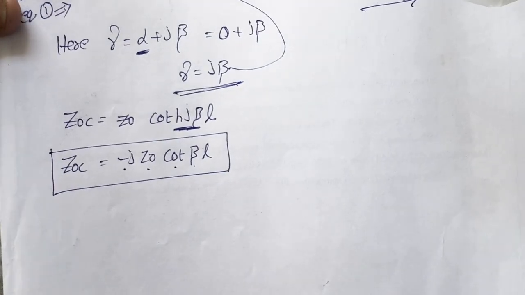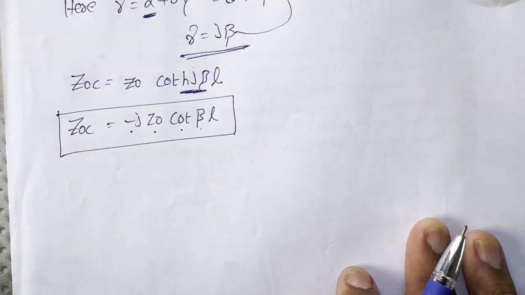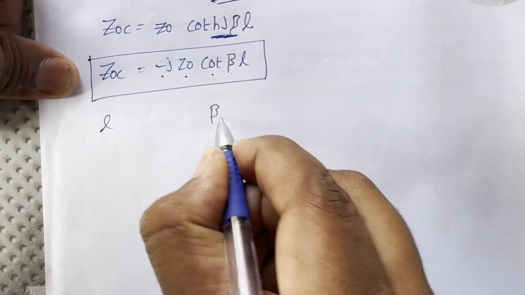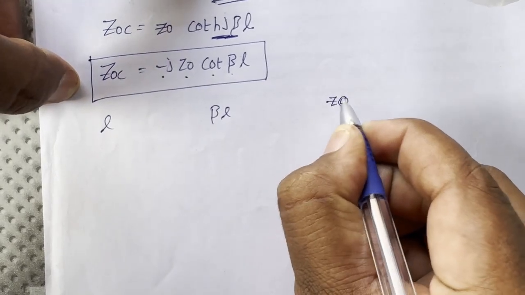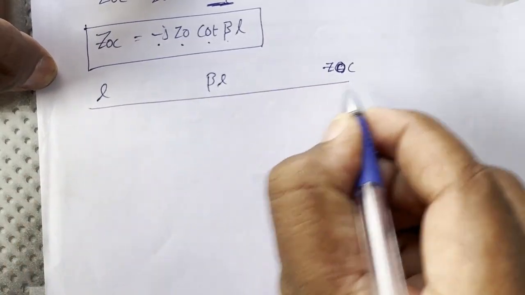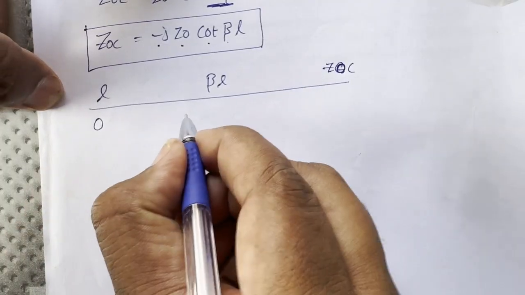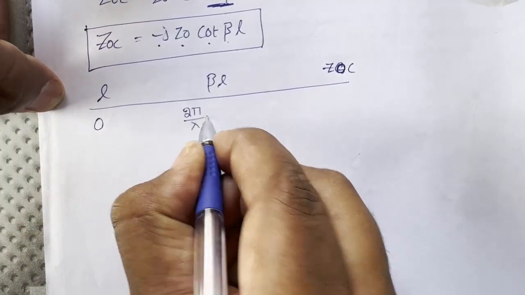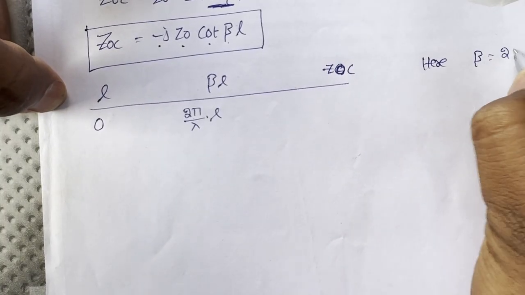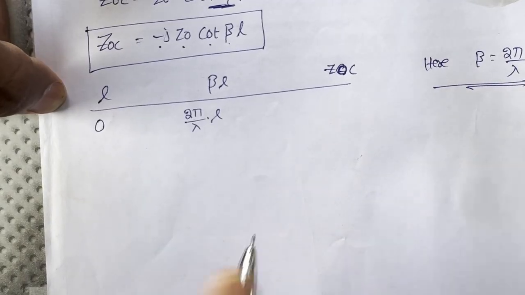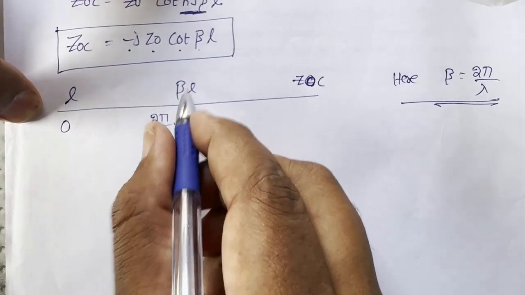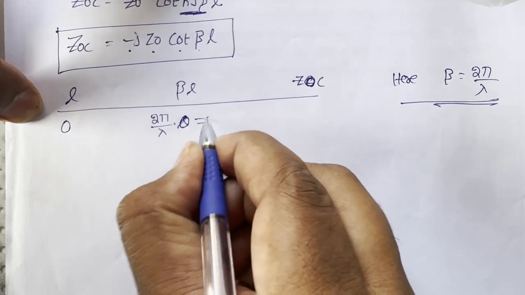For this, we have to draw the plot. I am assuming the length L, beta L and ZOC. When the length value is 0, beta L, where beta is 2 pi by lambda, into L gives 0.